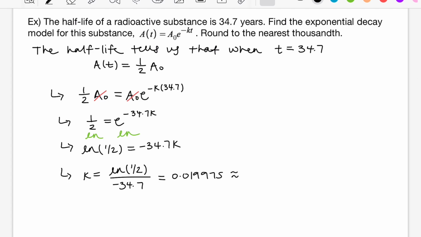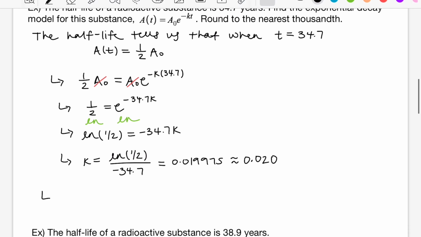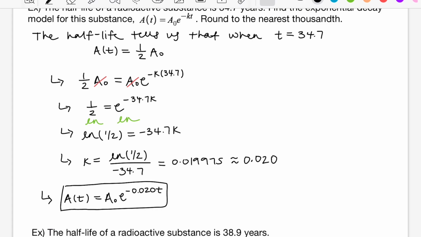So doing so, we get this here. So we just solved for k. We also know that t is equal to 34.7, so we can write the exponential decay model as follows. So this will be our exponential decay model dependent on our time t.